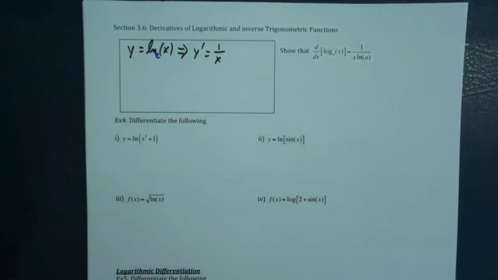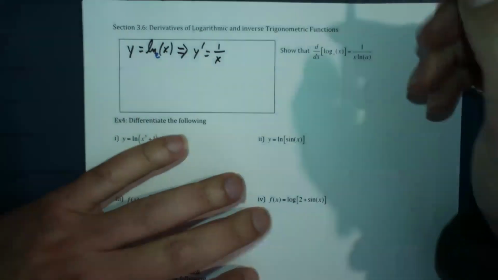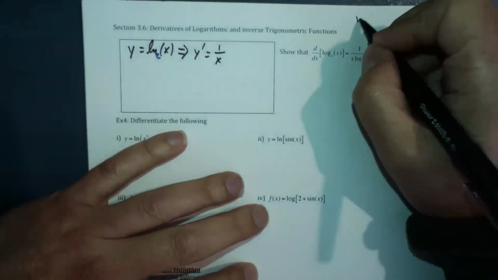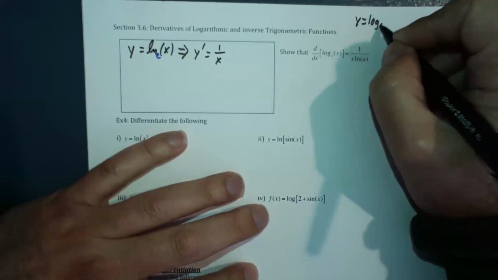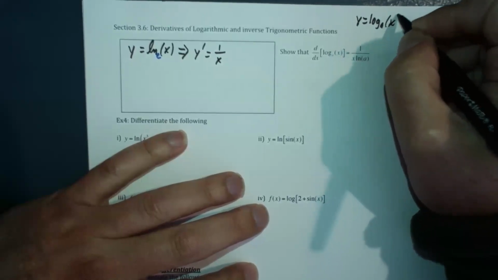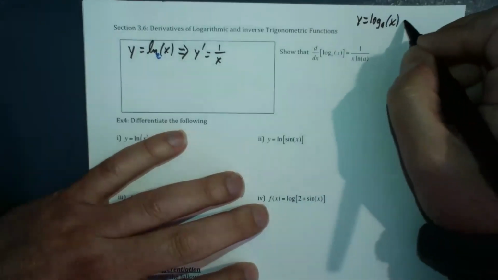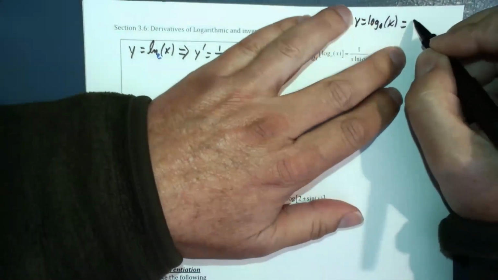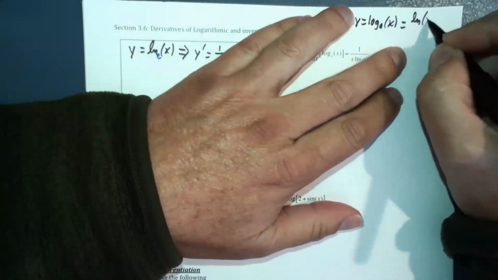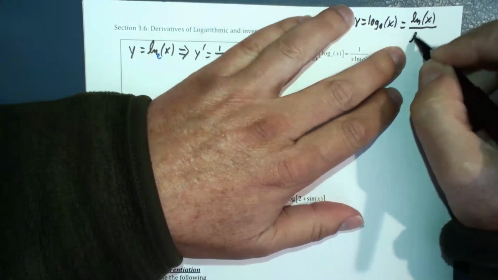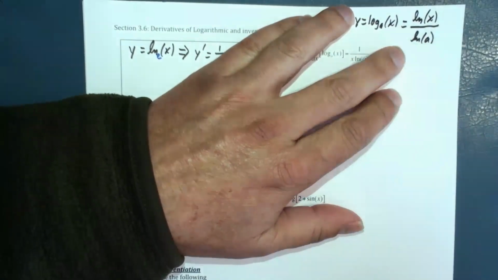It's base e. So when we have a derivative of a logarithm that's not base e, let me derive this. We're going to go y equals log base a of x. And if you recall, the change of base looks like this. I'm going to change it to base e, ln of x over ln of a.